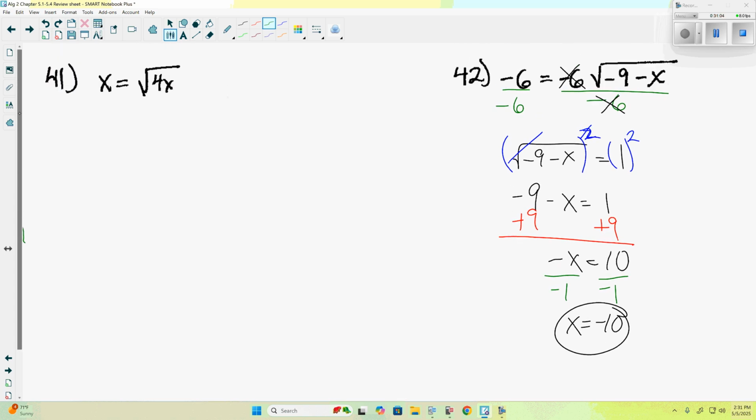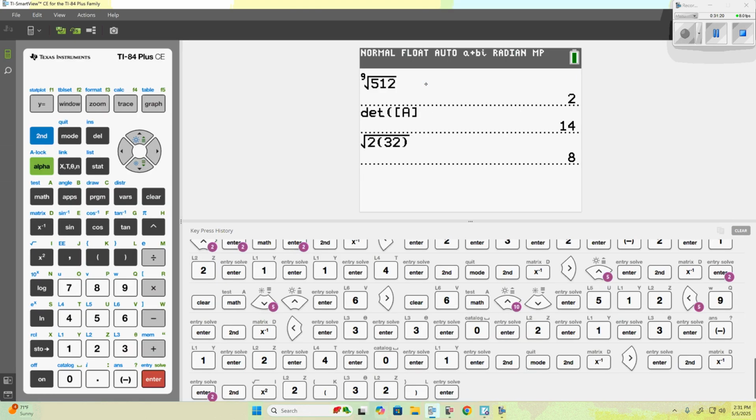Well, we have a negative x value and a square root, so it might be good to check it and make sure. Well, we can do this on the calculator.